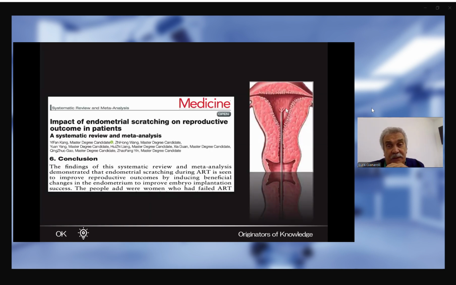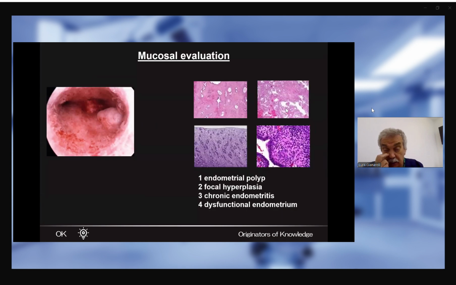And papers and literature are in one way or another convincing us that this could also be an extra opportunity for hysteroscopy. Not to mention the focal hyperplasia that has been discussed, the chronic endometritis, the dysfunctional endometriums, which are part of the endometrial polyp.